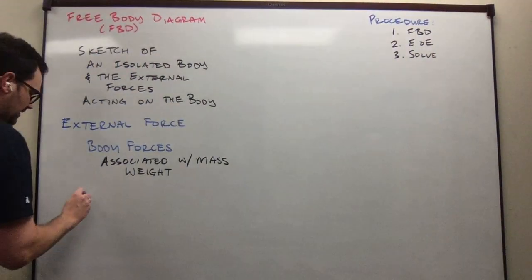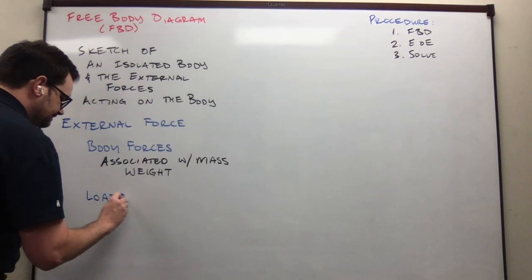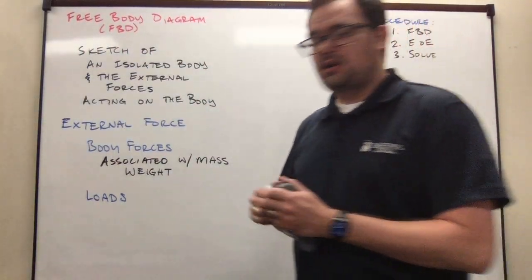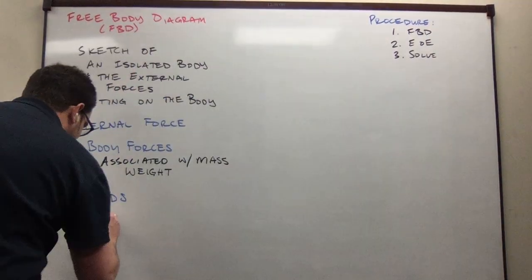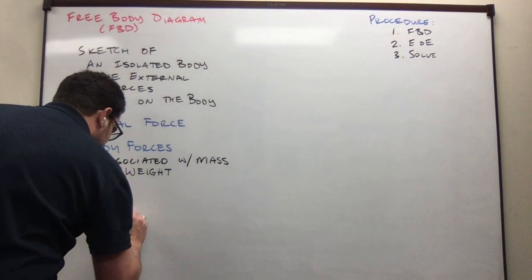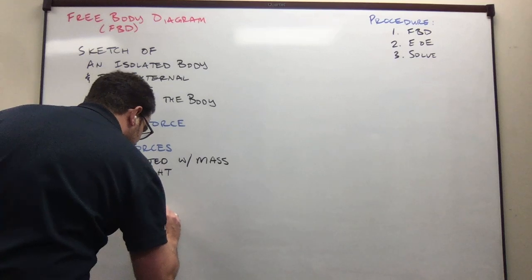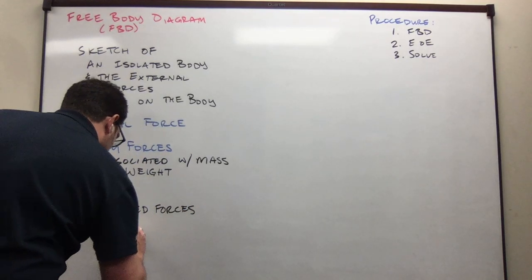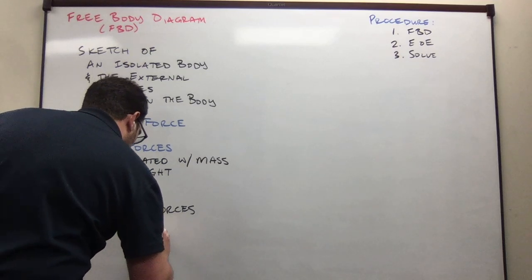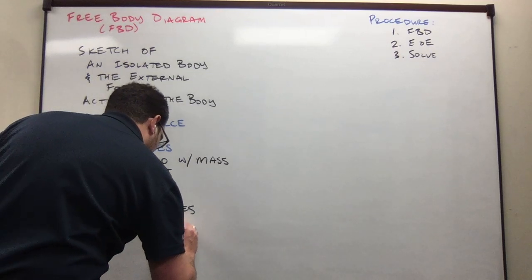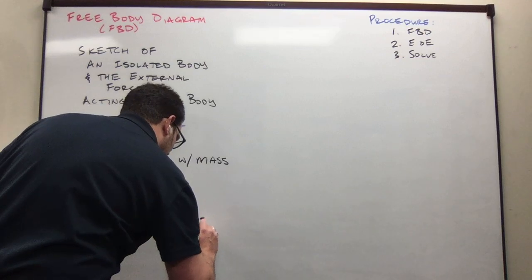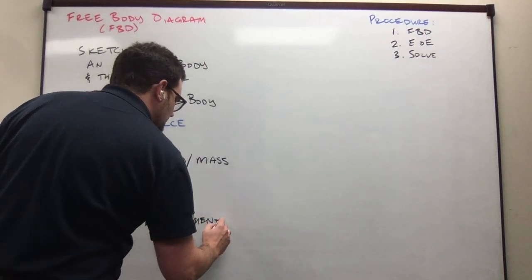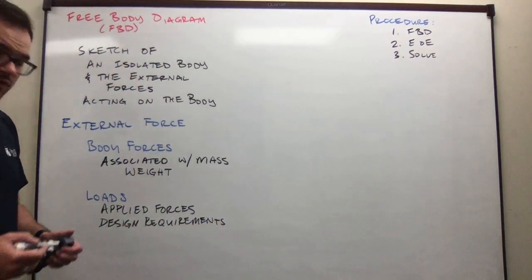Then we can also talk about loads. And loads are typically our applied forces or our design requirements. When we think of our design requirements, forgive me for my civil engineering example, but let's say that we're designing the floor of the room that you're currently in.